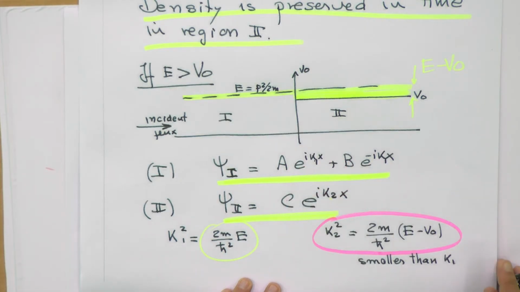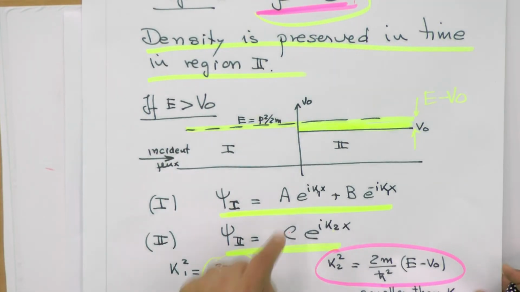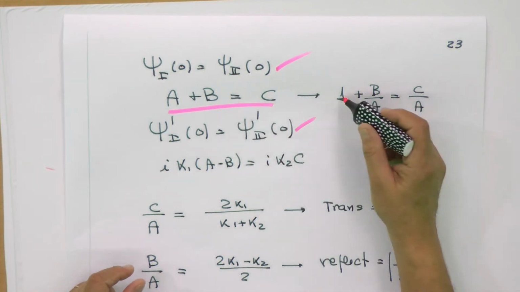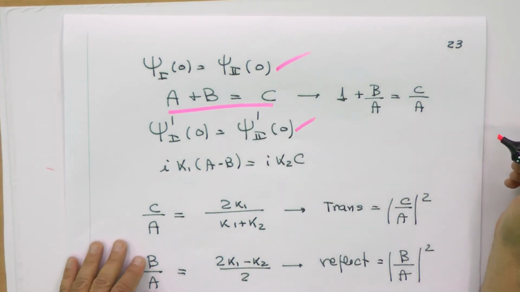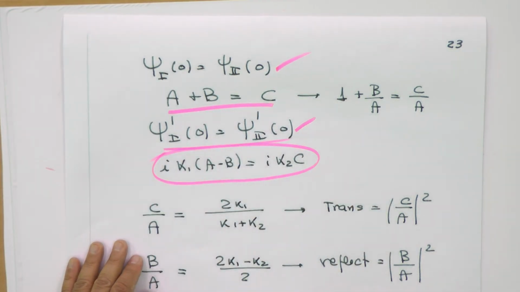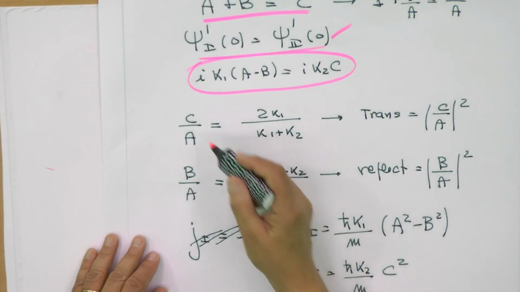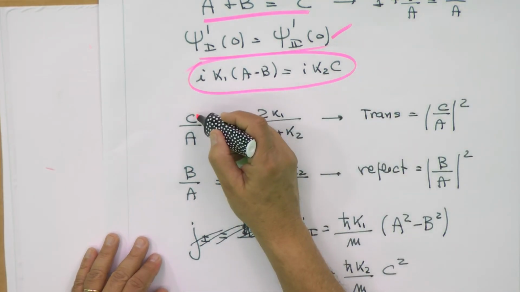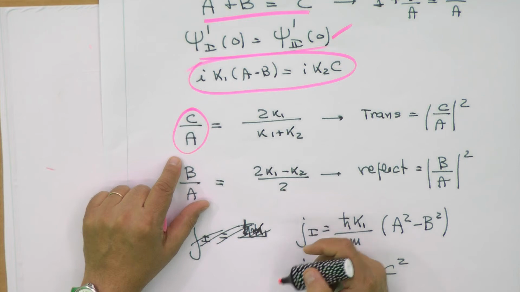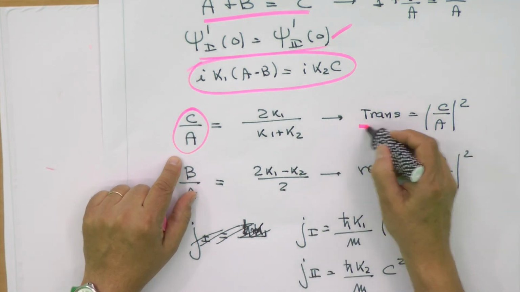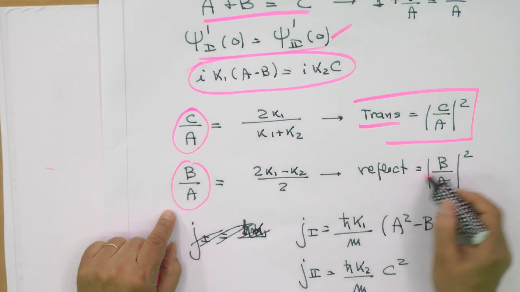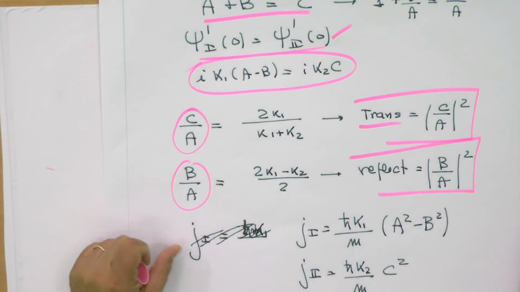By inputting the equality at 0, we get the relation between A, B, and C. And then when we input the derivative, we have another relation. Then we can get the ratio between C and A, which is basically the probability of transmission, which is this square, and B over A, which is the probability of reflection.